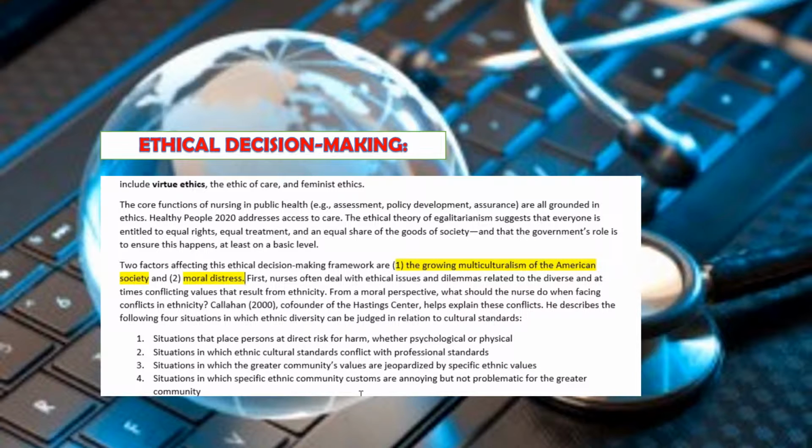He described the following four situations in which ethnic diversity can be judged in relation to cultural standards. Think about these four guides when you're making decisions. Situations that place a person in direct risk or harm. This can be psychological or physical risk.